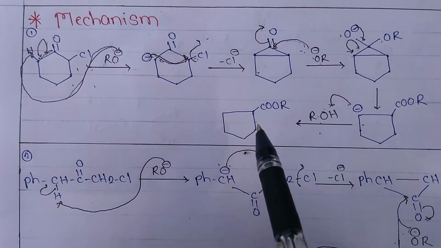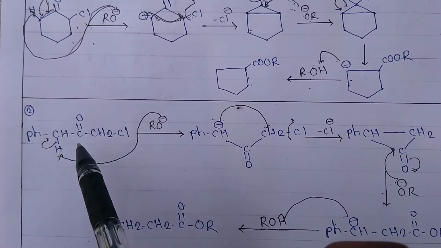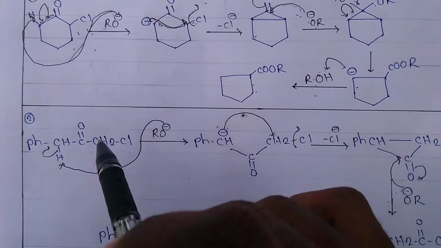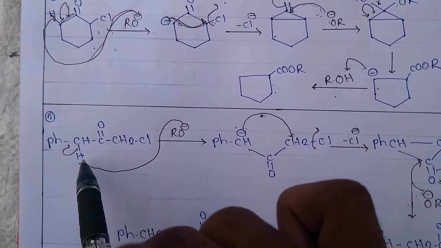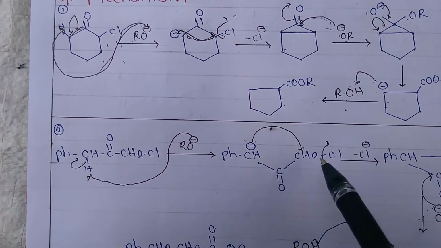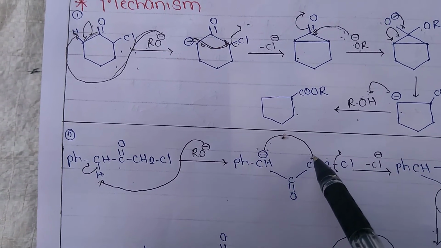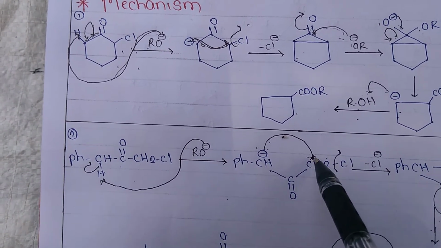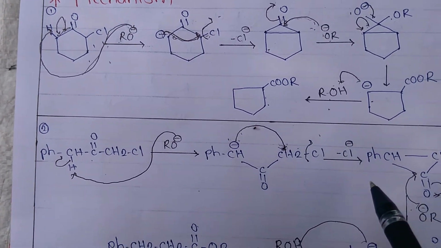So let's see another mechanism, of acyclic alpha haloketone. So here RO minus, that means alkoxide ion, takes the alpha hydrogen, and the formation of carbanion takes place. Then that carbanion attacks the other alpha carbon and the removal of Cl minus takes place.